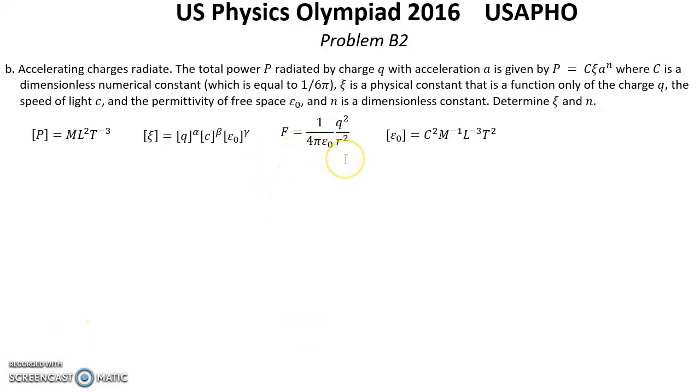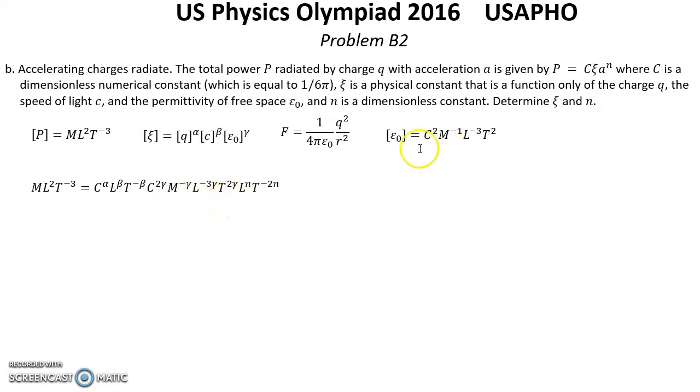From this equation we can find the dimension for epsilon 0. That will be this expression: charge squared multiplied by mass to the power -1, length -3, and time +2. And now we can write equations for these powers. So for dimensions, finally we have this equation.